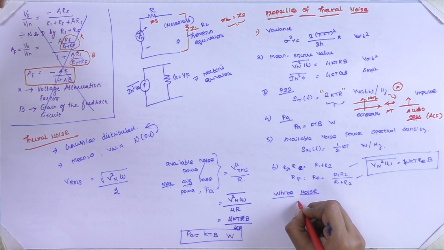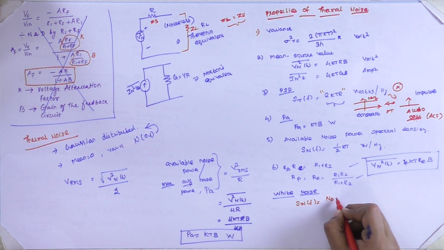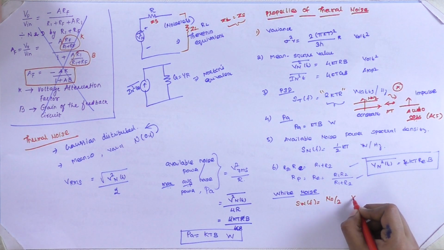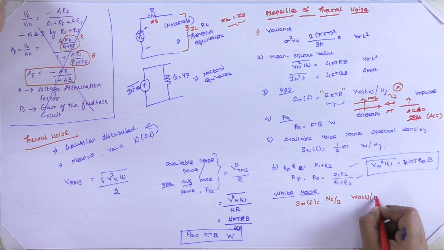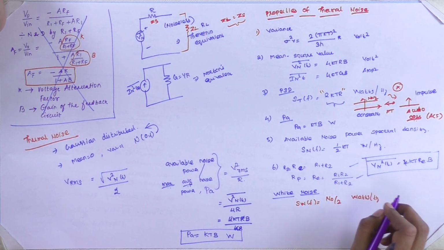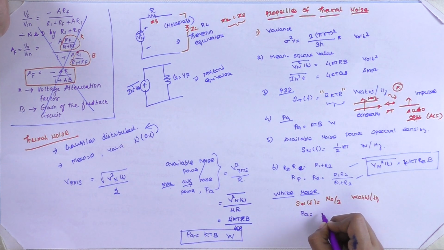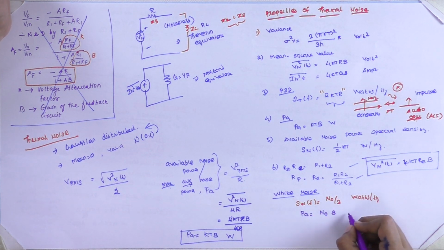We know that the power spectral density for white noise, W of F, is equal to N0 by 2 watts per hertz. Therefore, all frequency components in white noise will contribute equally to the noise power. Therefore, PA is equal to N0 into B watts.